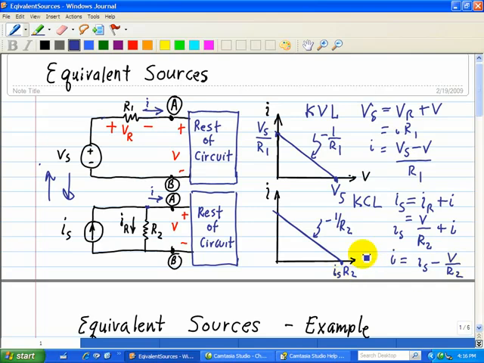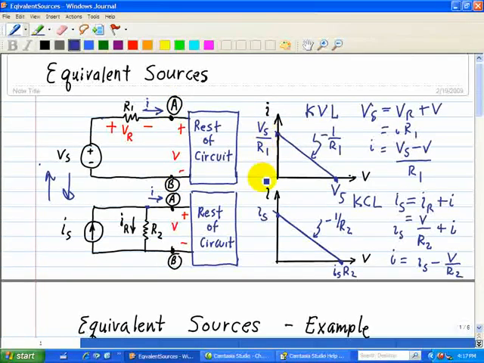And when V is equal to 0, I is just equal to Is. So here we have these extreme points for the graph associated with the circuit having an ideal current source in parallel with R2.